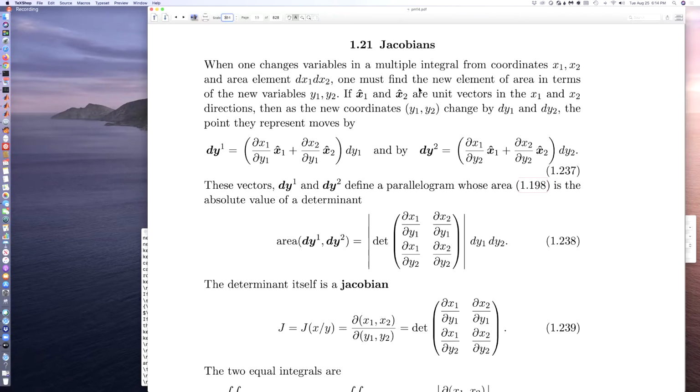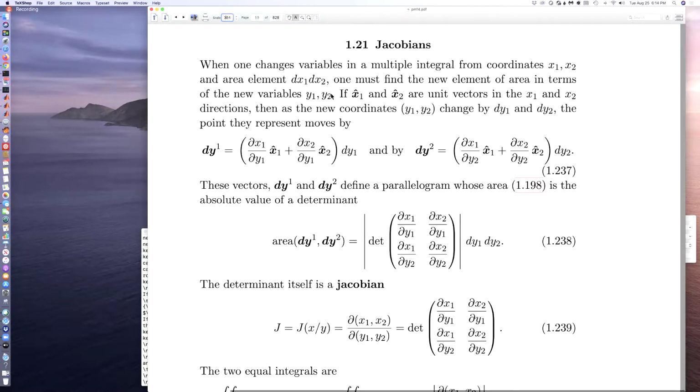And then you might say, well, you want to change variables to y1 and y2. And the question is how to do that.